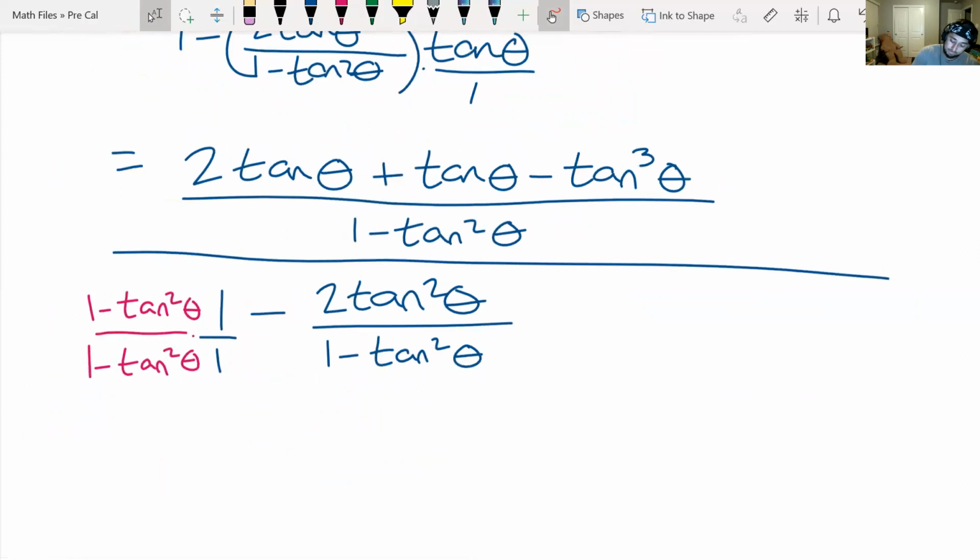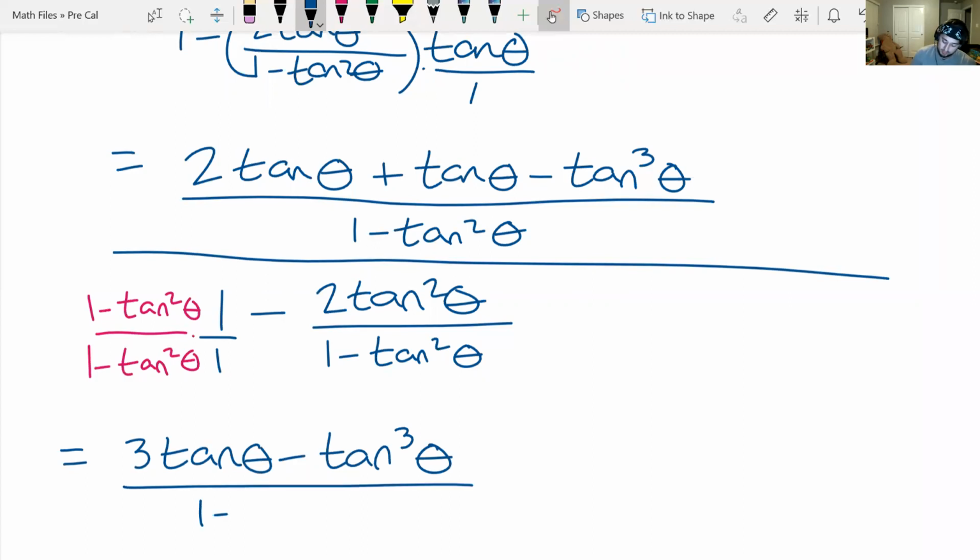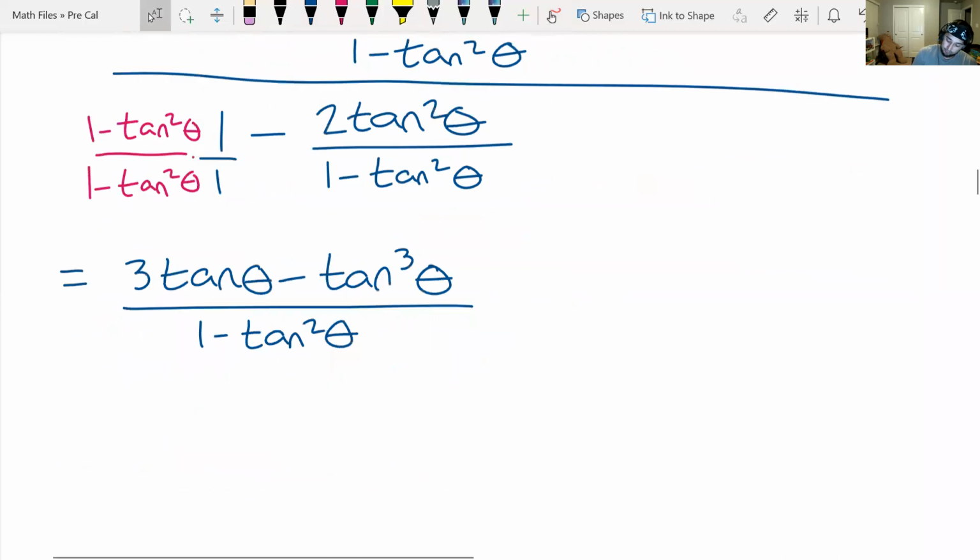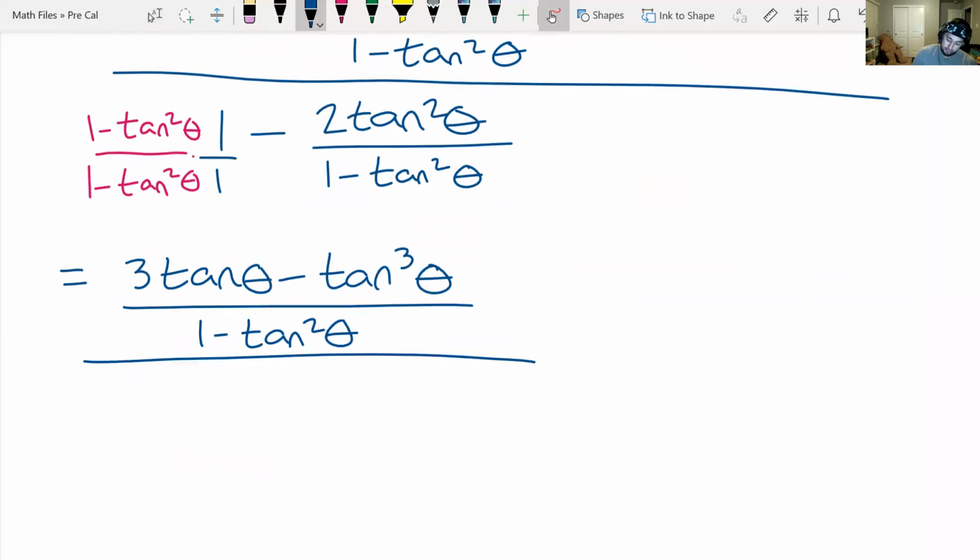Okay. So what you end up with is 3 tangent theta minus tangent cubed theta over 1 minus tangent squared theta, over, when you put these together, this will be negative tangent squared minus 2 tangent squared.